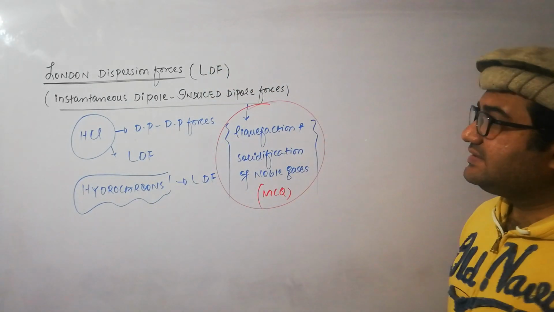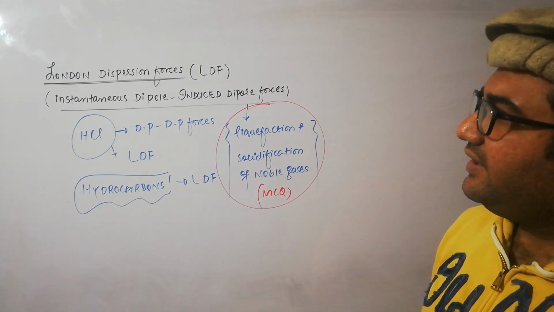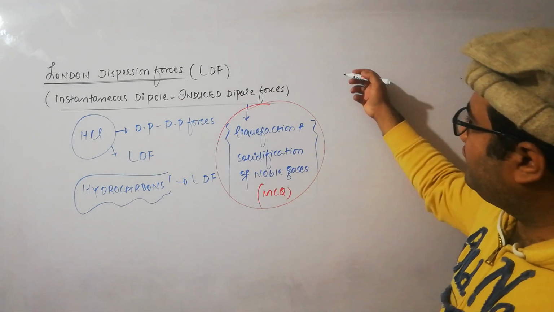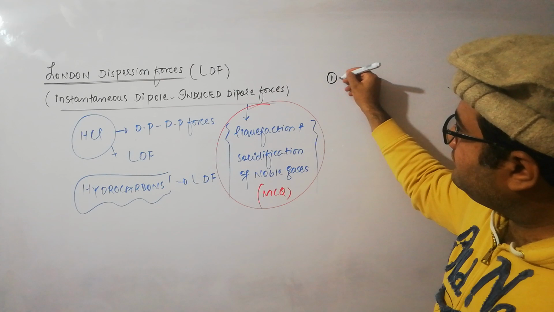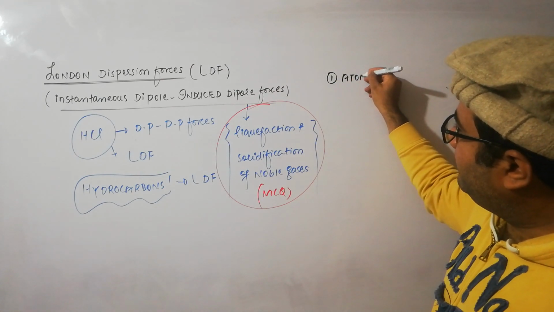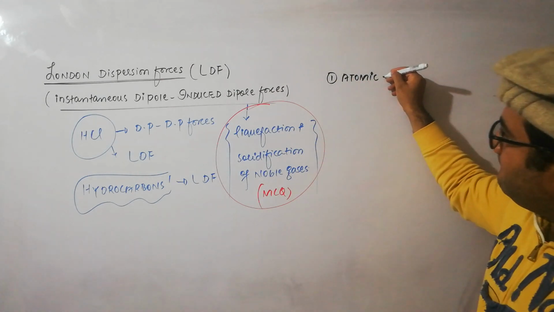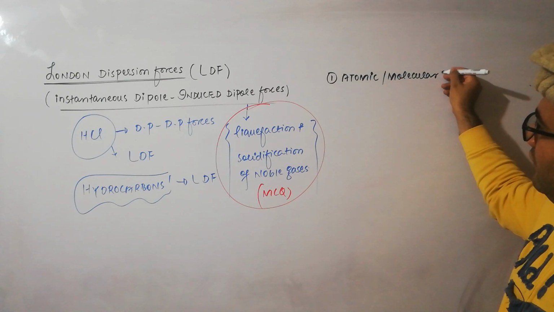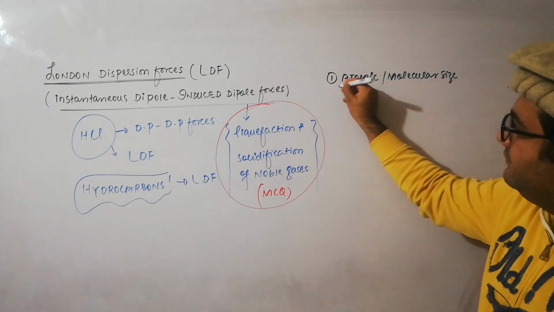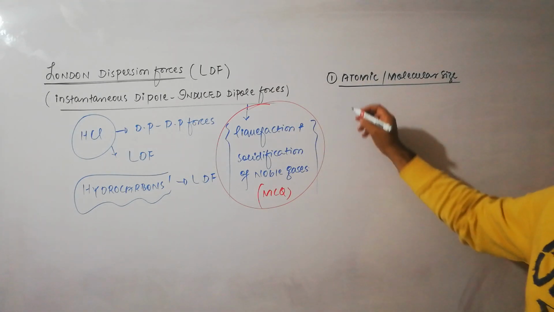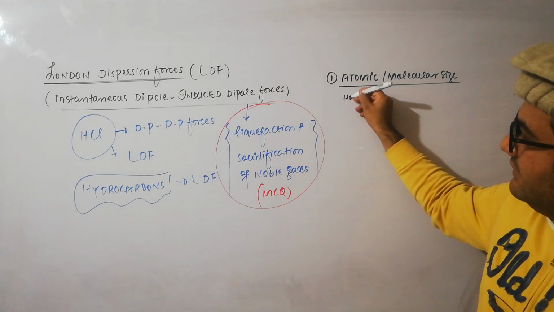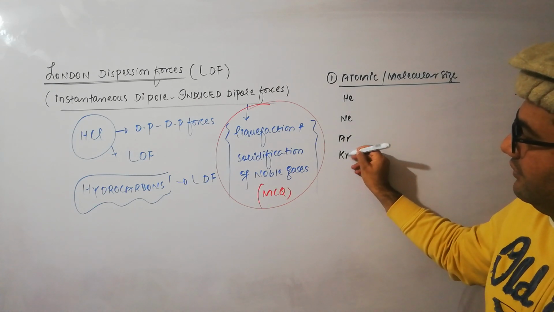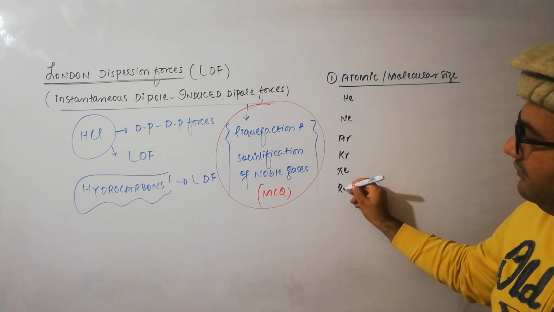And now let us discuss, most importantly, what are the factors which affect the London dispersion forces. So the first important factor is atomic or molecular size. In atomic size, helium, neon, argon, krypton, xenon, radon.